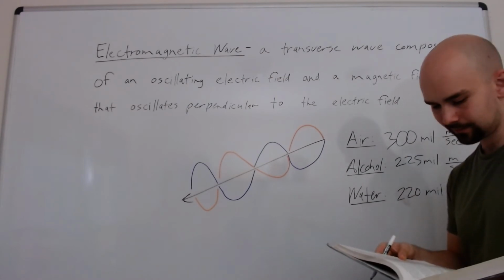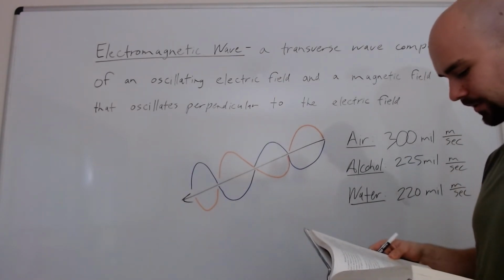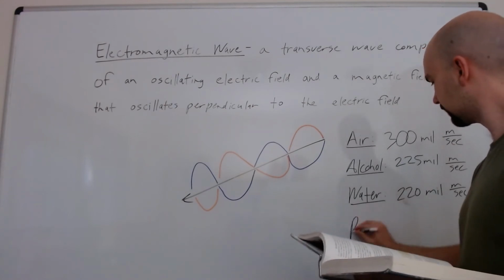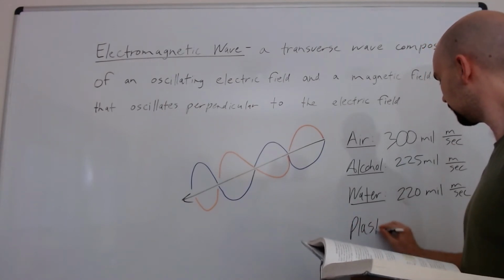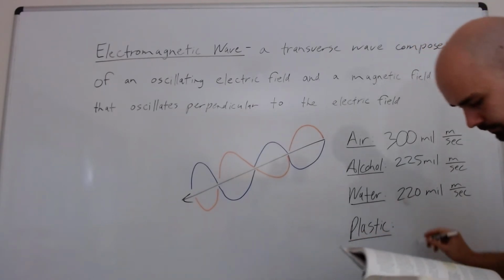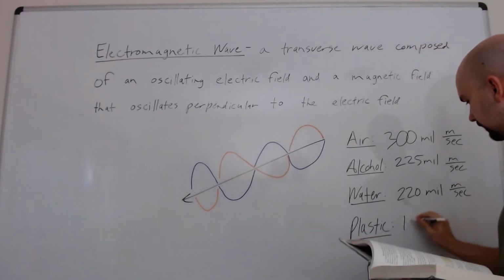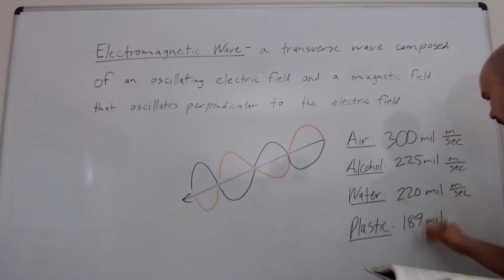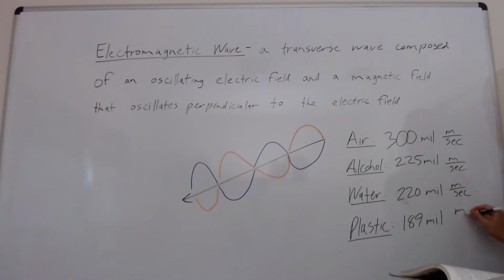And let's take plastic, because you do see light through some plastics, clear plastics. Of course, there's different densities of plastic. Lots of different kinds of plastic. It's about 189 million meters per second.